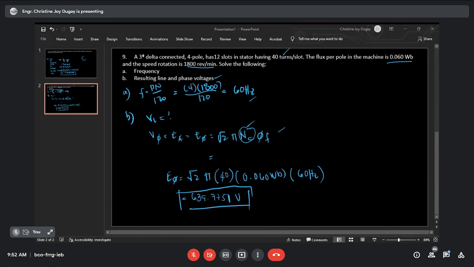Yun na yung total number of turns natin, di ba? Multiply by 4, ma'am, kasi 3 phase tayo. Should be 12. 160. Turns per slot. Kasi per slot lang po siya, ma'am. Tapos, 4 slot per phase po siya, ma'am.